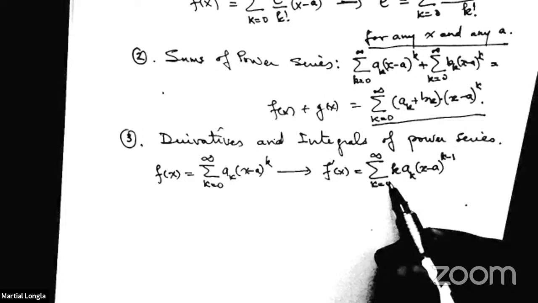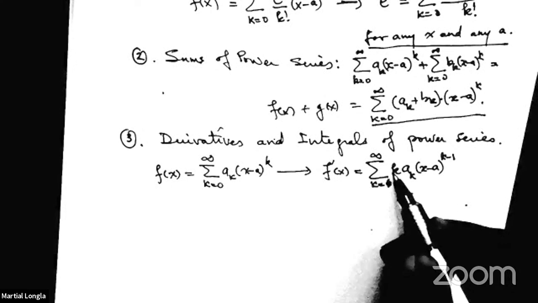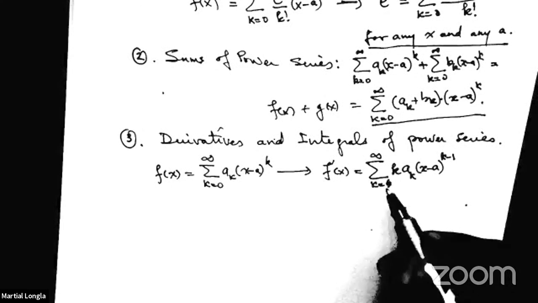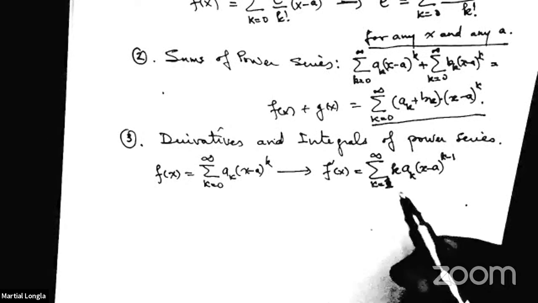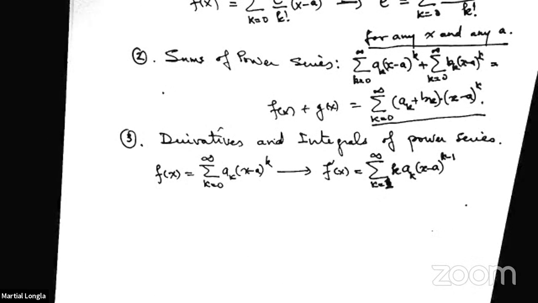And we can drop the k equals 0 because when k is equal to 0, the first term is going to be 0. So that's how you take the derivative using the power rule.